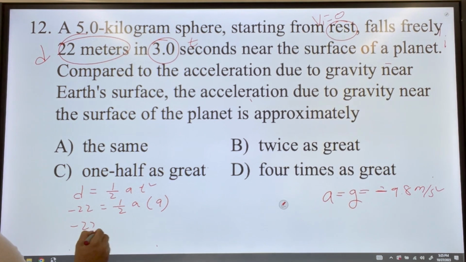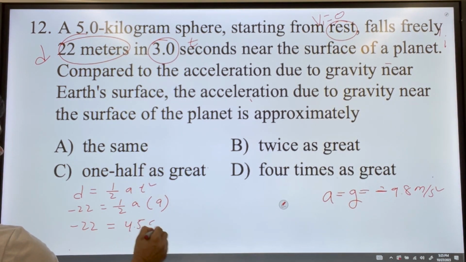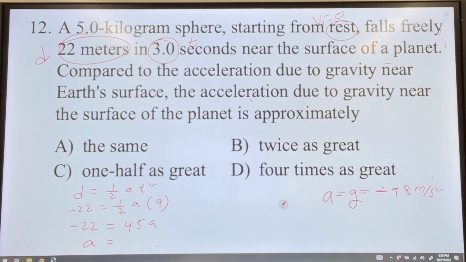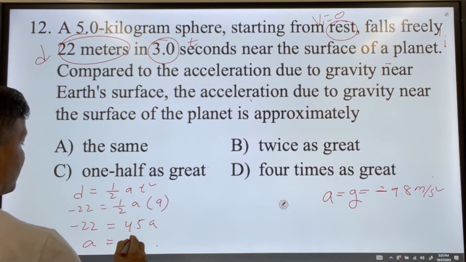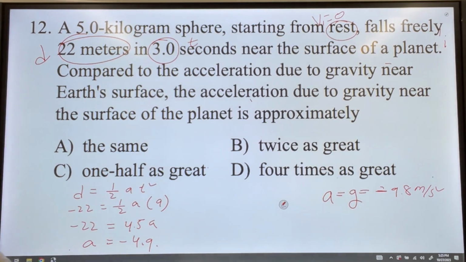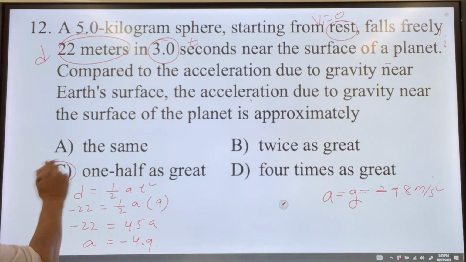So negative 22 equals 4.5a. So a is equal to negative 22 divided by 4.5, and that is negative 4.9. And negative 4.9 is actually half of 9.8, so it is 1/2 as great.